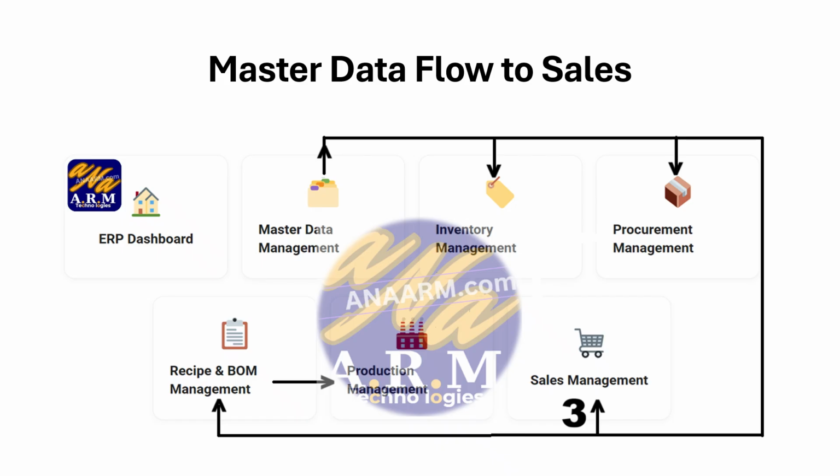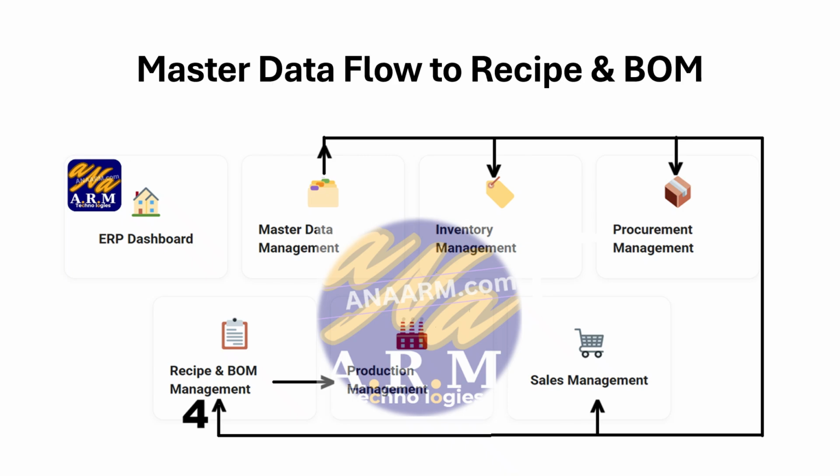Number three. Again, the same products created in master data are used by recipe and bill of materials management, while production batch management uses recipes and bills of materials that were previously created.